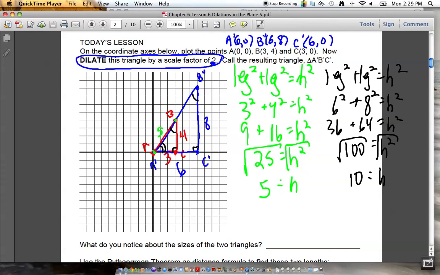We all get 10? Yeah. Right? Because the square root of 100 is 10. Good, and that makes sense now, because this side is 5, and this side is 10, and that again is twice as big. Okay, dilate means multiply.